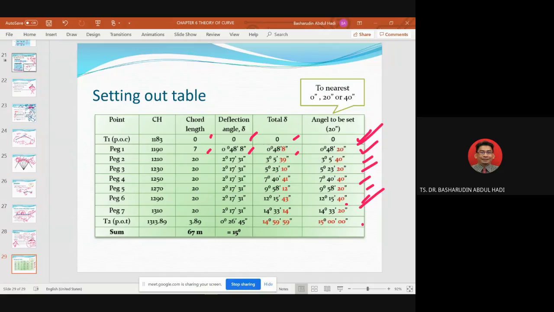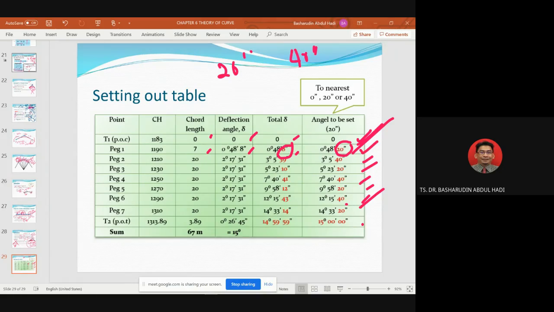This is the total angle, and then there is the angle to be set up on the ground. You can see this one is 20 second, this one 8 second. So when you have 8 second, you must read 20 second because our theodolite moves every 20 second or every 40 second.